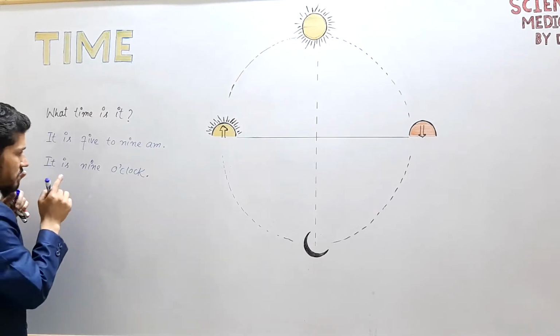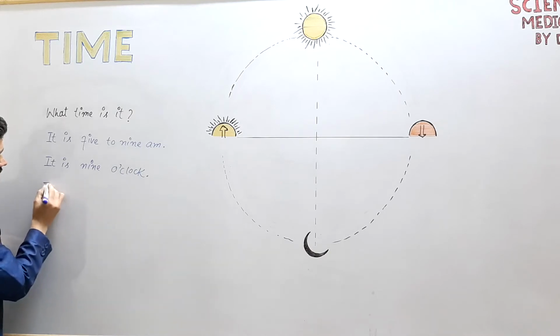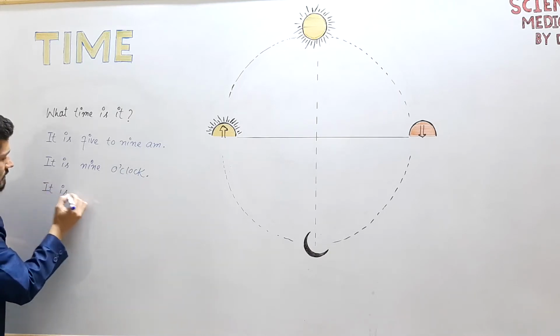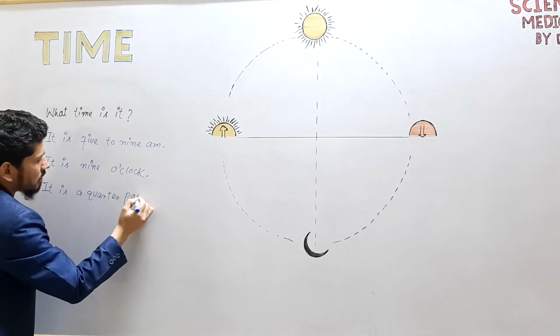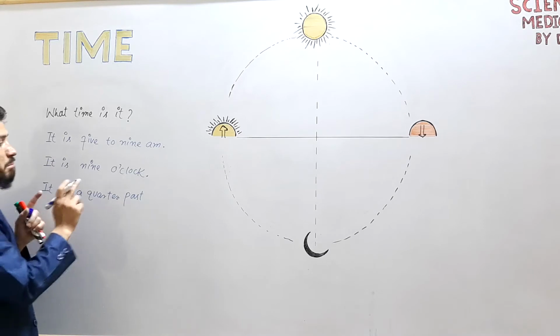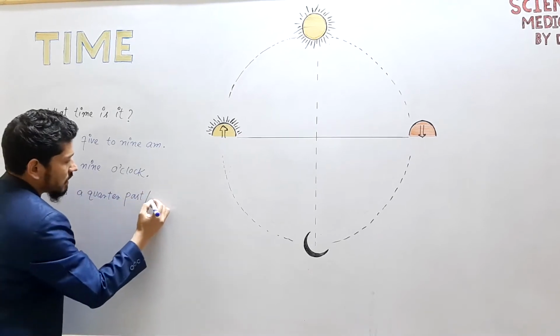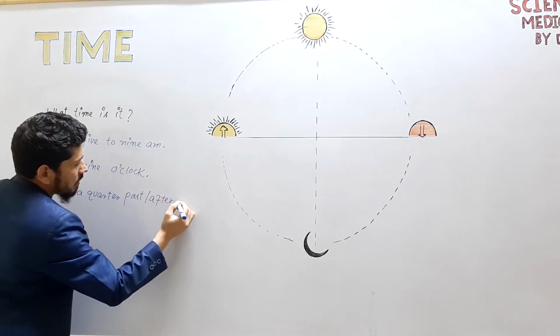And if I ask you the same question after 15 minutes, your answer will be, it is a quarter past, or it is a quarter after 9.